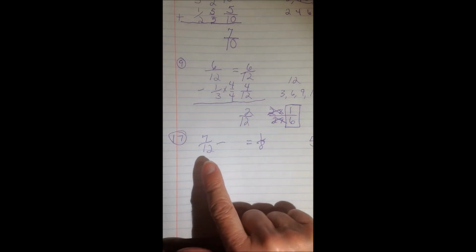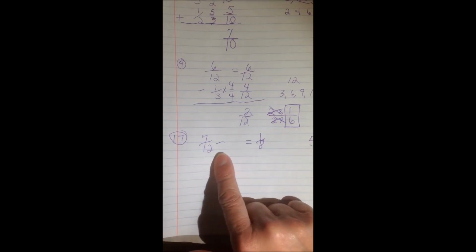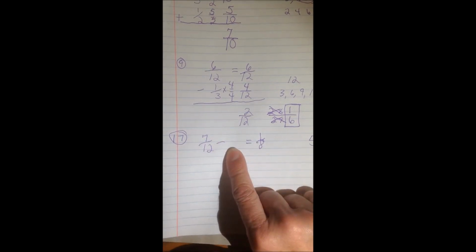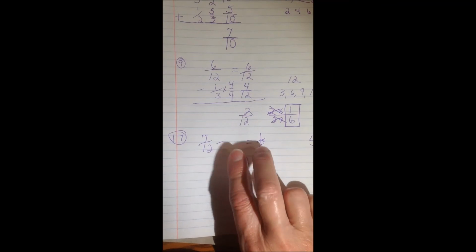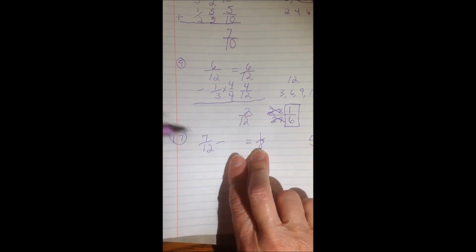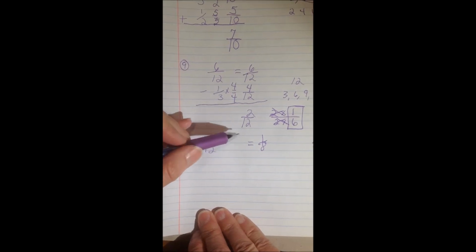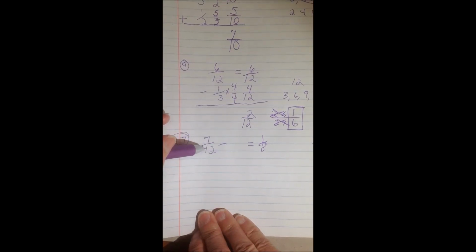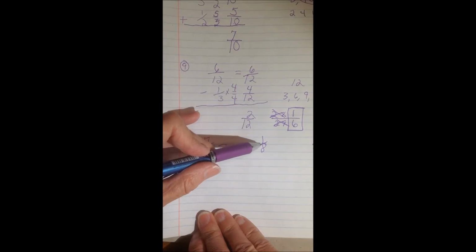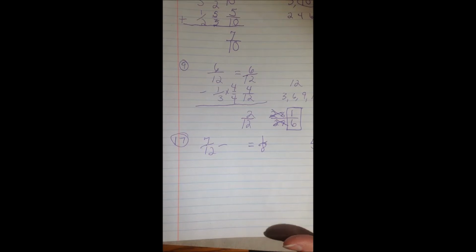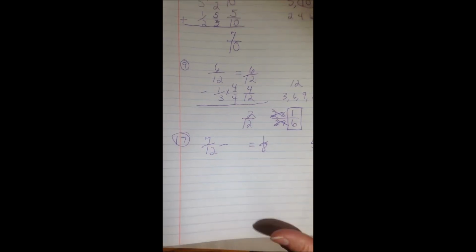So if we take 7/12 minus 1/8, that's going to give us what this is. These two together will add together to equal that. So to get what this missing unknown is, we're going to subtract. We're going to take 7/12 minus 1/8, just like here, to find this missing number. I hope y'all can see this.